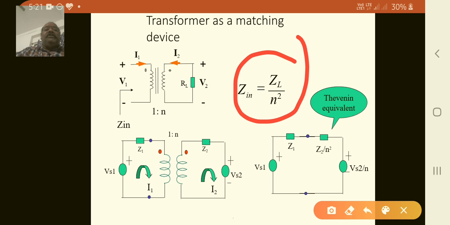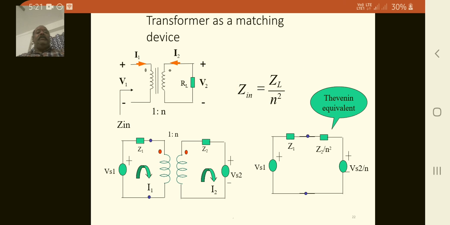The Z1 as it is, the impedance will be divided by n square using the formula. Therefore, Z1 as usual, and Z2 will be the Thevenin's equivalent impedance which is given. So this is about the impedance matching of a transformer.